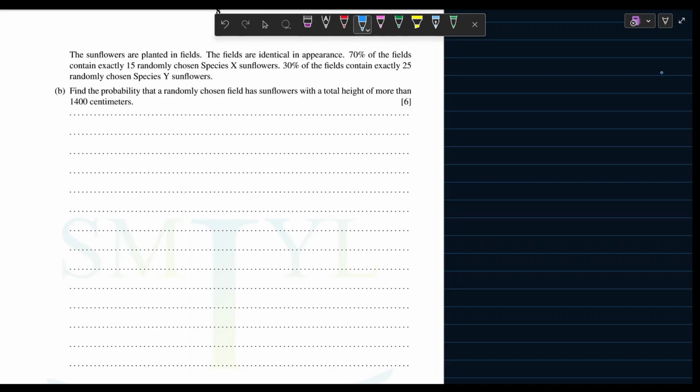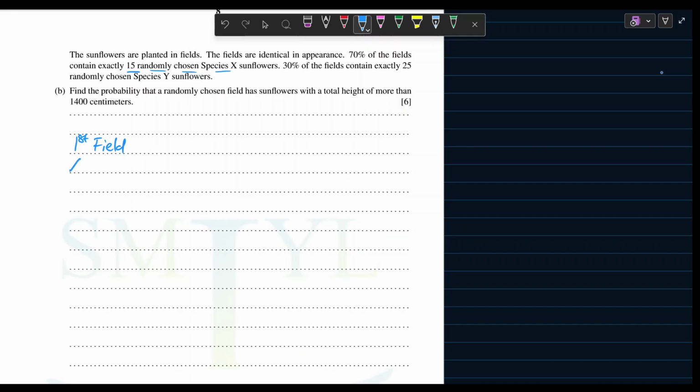We've got the first type of field, and this type of field is going to contain exactly 15 randomly chosen species X sunflowers. Now, because these are 15 randomly chosen species X sunflowers, these are going to be independent observations of the same random variable, and we call that a sum.